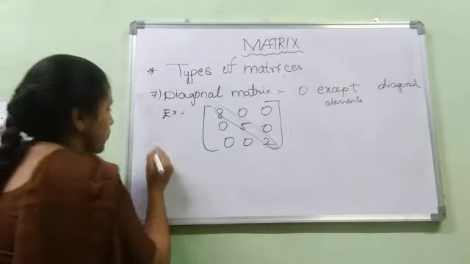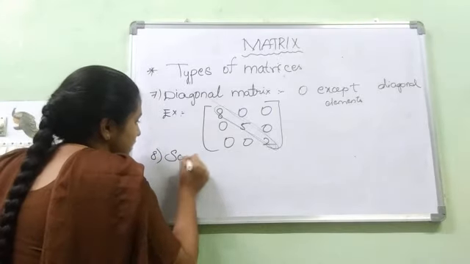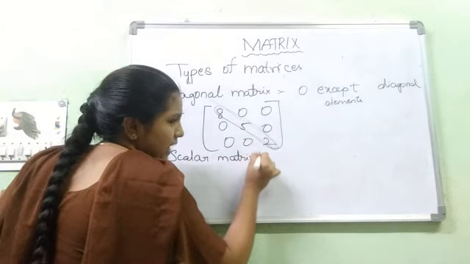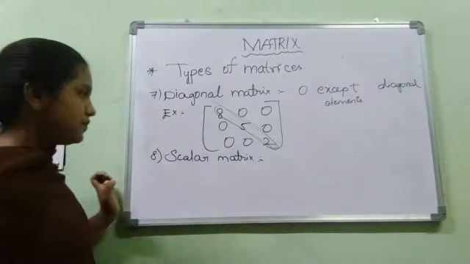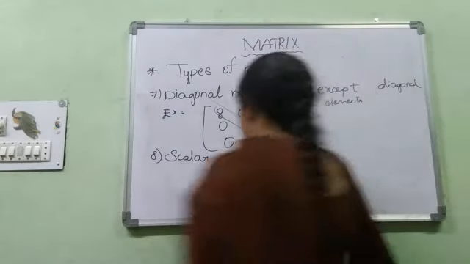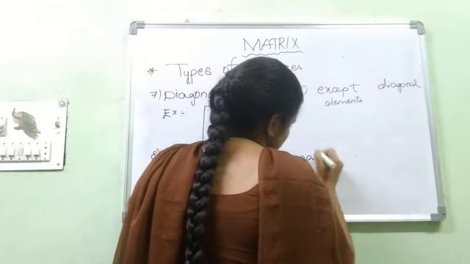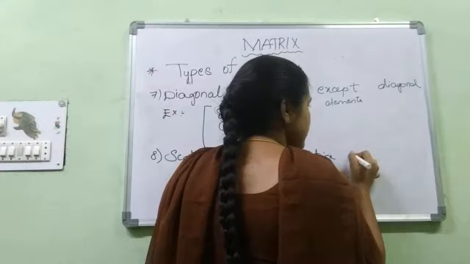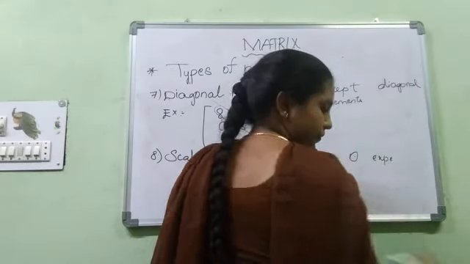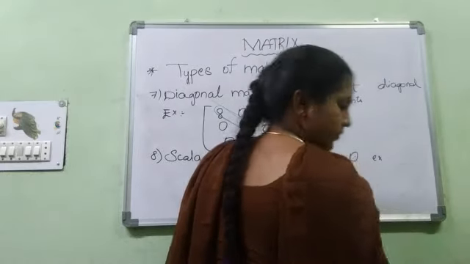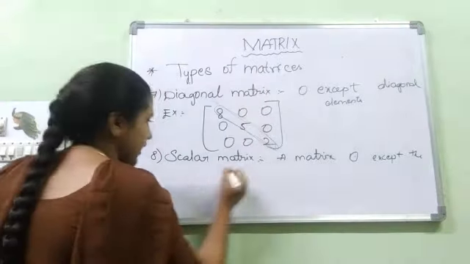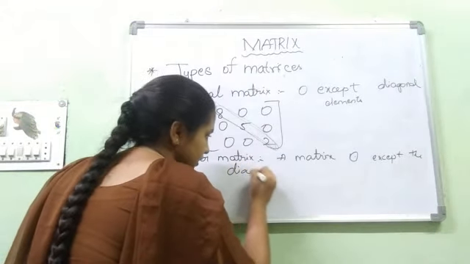Next we can go through scalar matrix. Scalar matrix is nothing but a matrix which contains zeros except the diagonal elements.